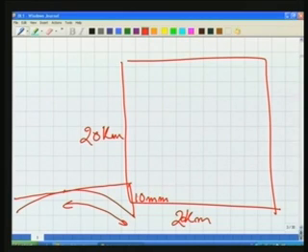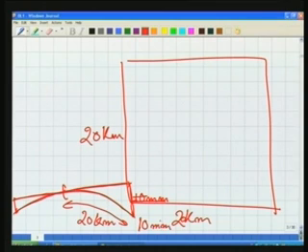I am sorry, not this way, but this separation means the difference in the length of the chord and the length of the arc is only, for 20 kilometer, 10 mm. What is the meaning of this? The meaning of this is when we are doing engineering surveys, or surveying for a small area, we need not consider the curvature.